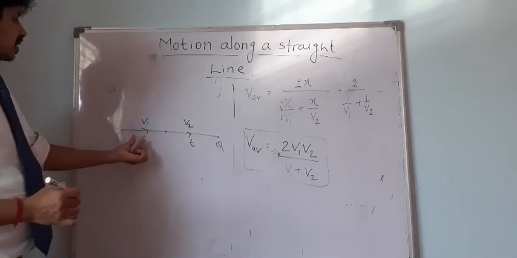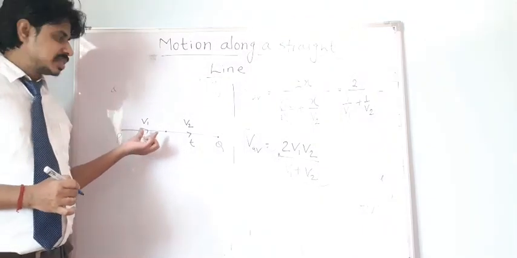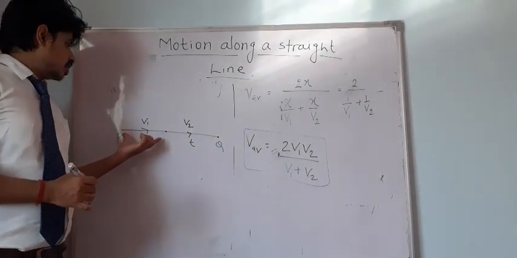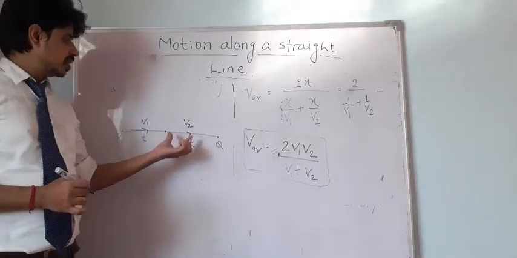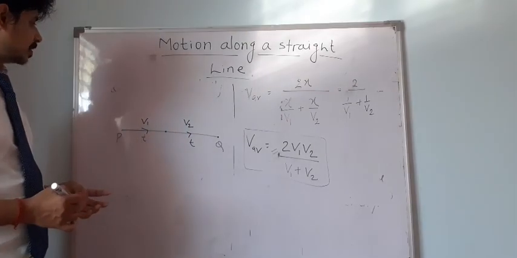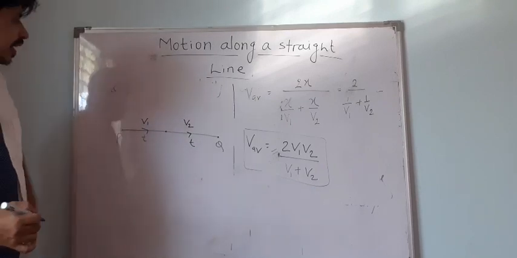Be careful here, the division is made on the basis of time, not equal displacement. Again we have to find the average velocity from start to end.